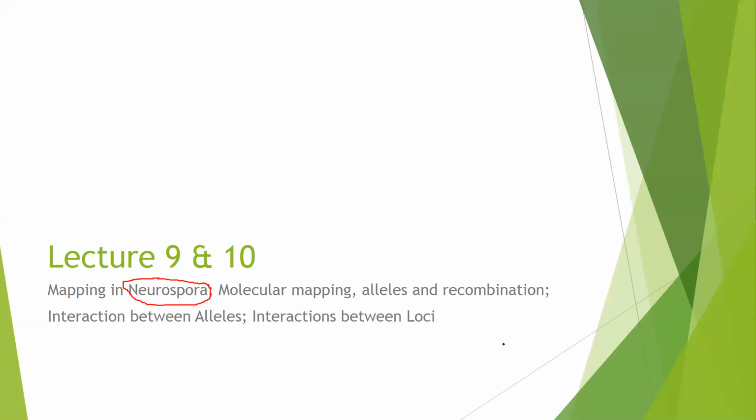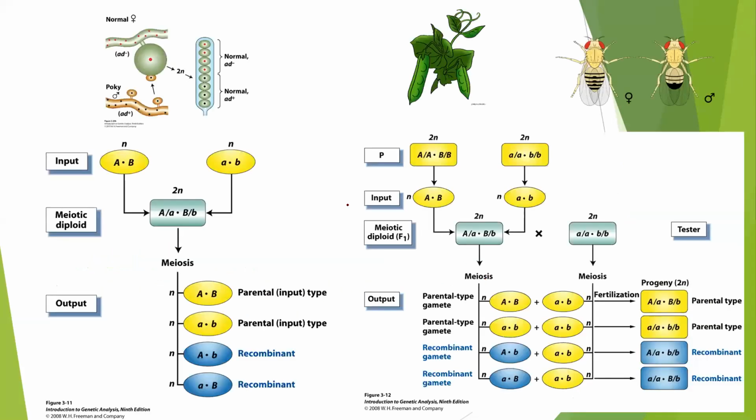So this is today's main topic. This is the comparison between the haploid versus the diploid. For the diploid model organisms, we can use the famous Mendelian pea plants, or we can use Drosophila.